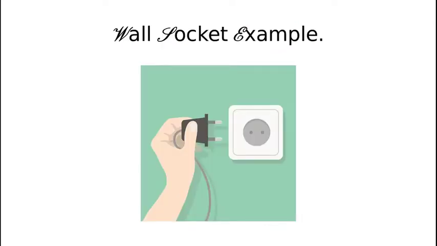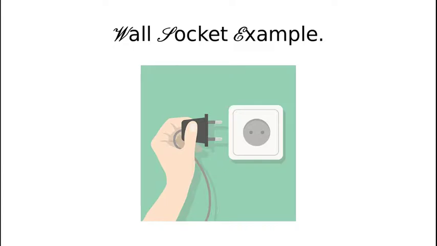So I'm just going to give you a very basic example using the wall socket example. If you still don't understand what APIs are, just take for example the electricity you have in your home right now. You have a wall socket in your home and you're going to take the wall socket to be the API, and the appliance you want to plug into that socket is going to be your web application in this case.